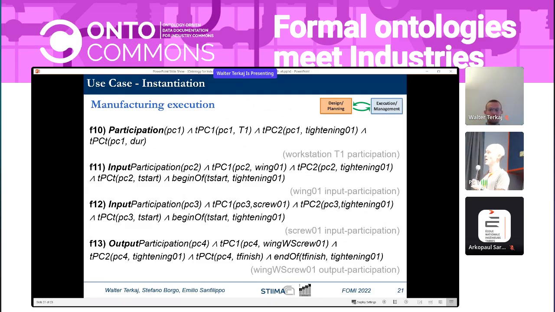And now we have the tightening, which is the physical activity occurring in space-time, which has as participant at a certain time the machine which I was showing you before. And then all the relationships follow the same idea, with input and output constraints which are formally represented in the paper. Now we don't have time to go into the details, so let's move to the conclusion.